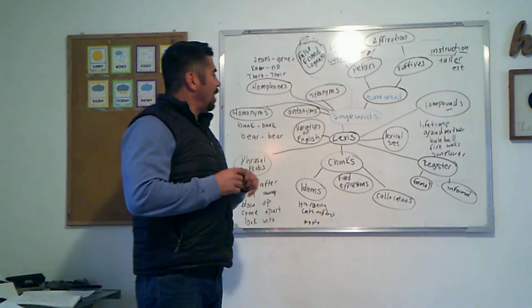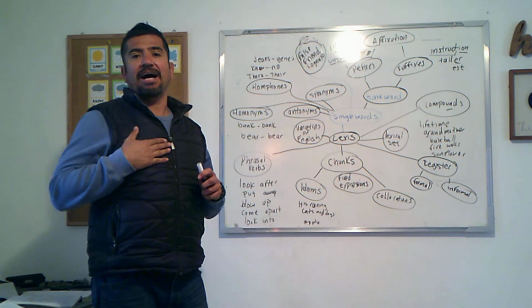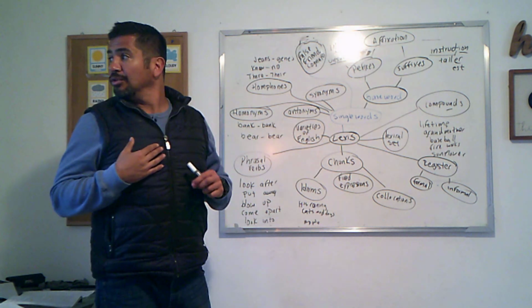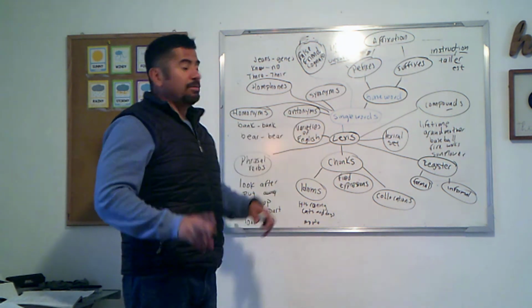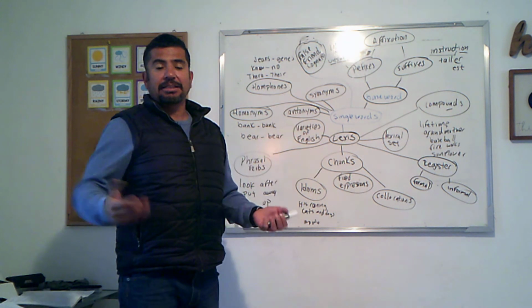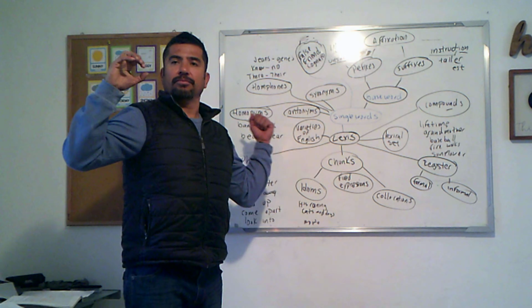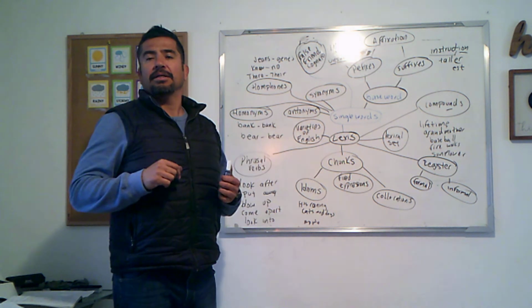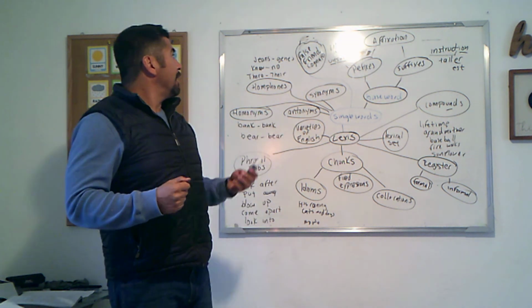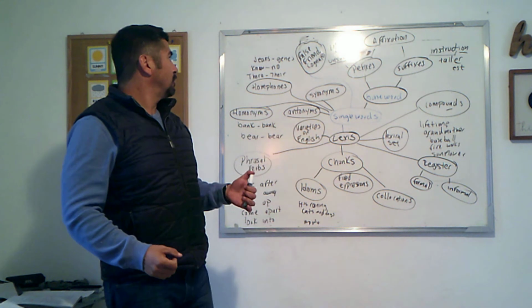I don't think I have to go over them in so much detail. Antonyms are the opposite. Big, small, pretty, ugly, black, white, and we have the homophones.